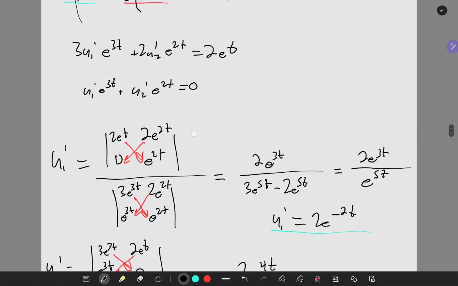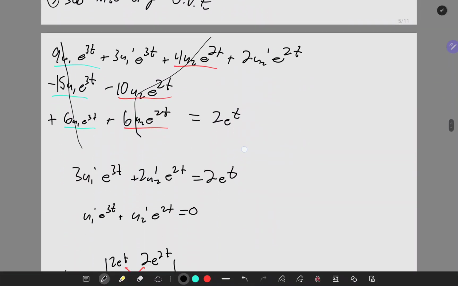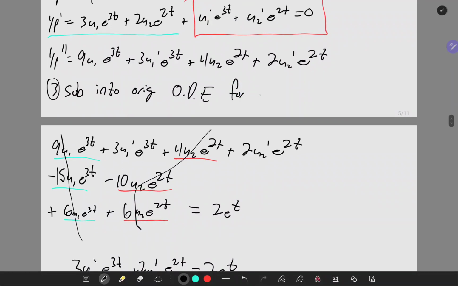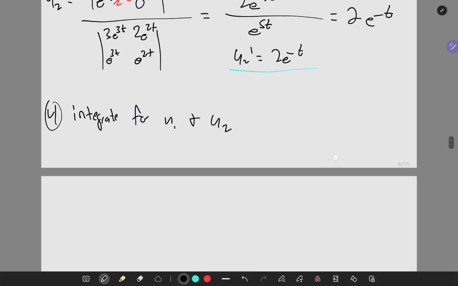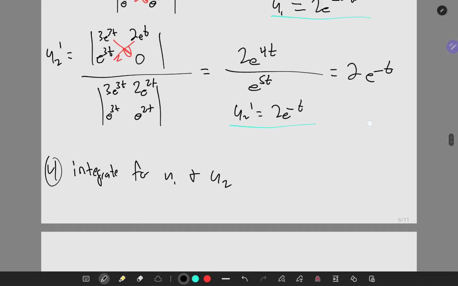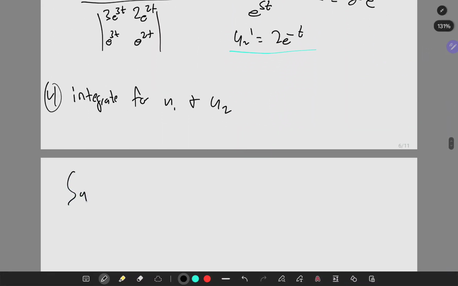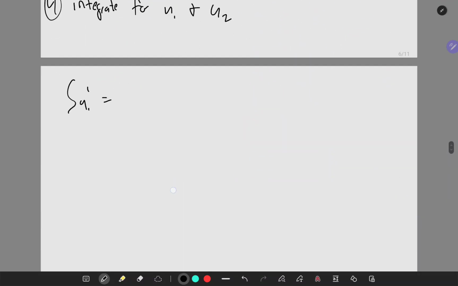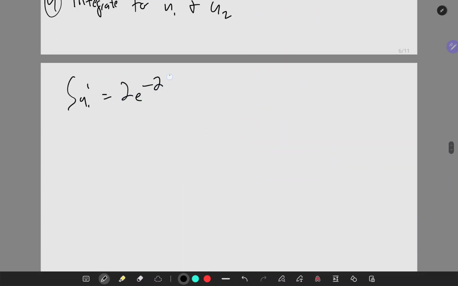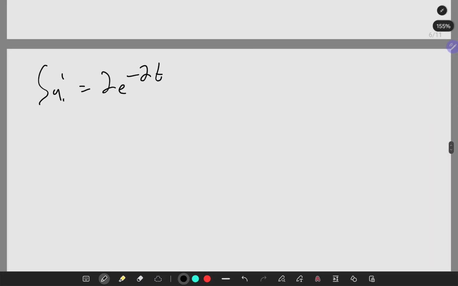Now, I need to integrate. So this would be step 4. Step 4 would be to integrate for u1 and u2. So we're going to integrate u1 prime.